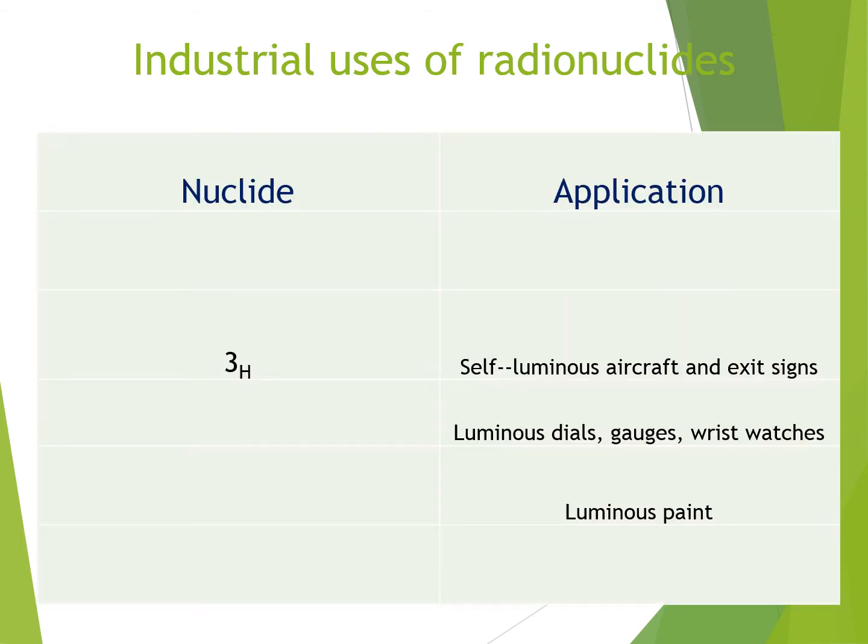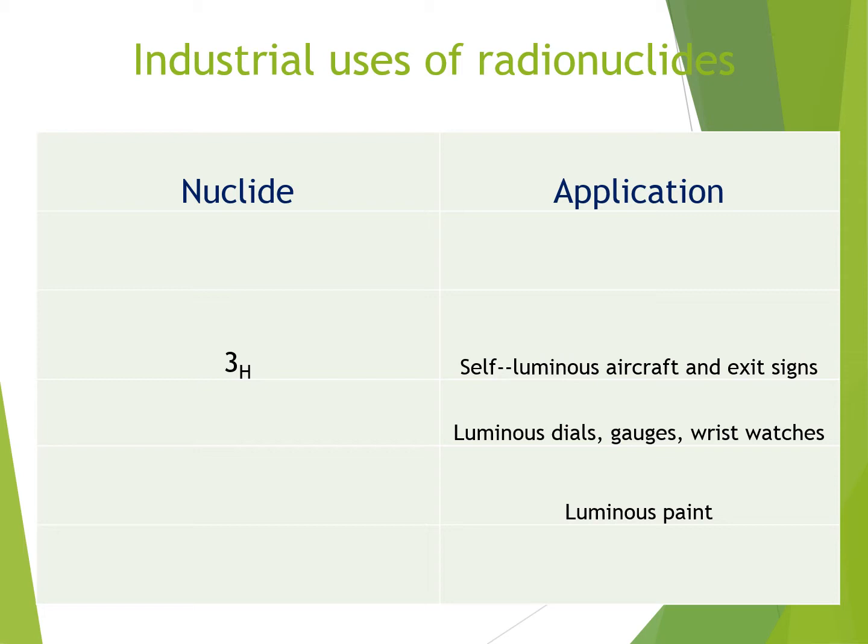Now we will discuss the applications of nuclides. We will discuss different applications of different radionuclides. First of all, we have the tritium radionuclide, H-3, which is the isotope of hydrogen known as tritium, and its main applications are that it is used as a self-luminous source in aircraft and exit signs.